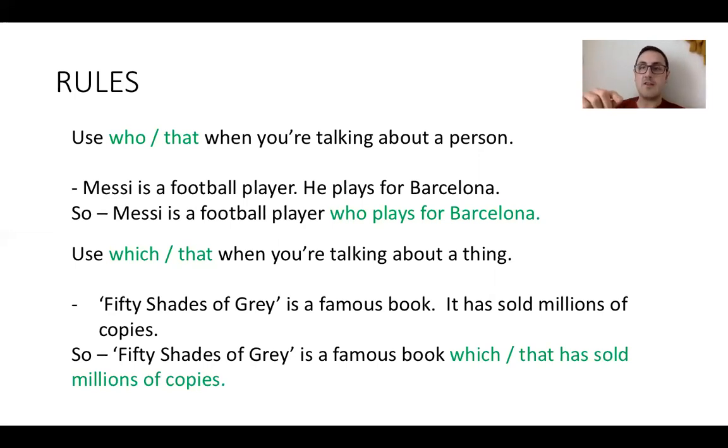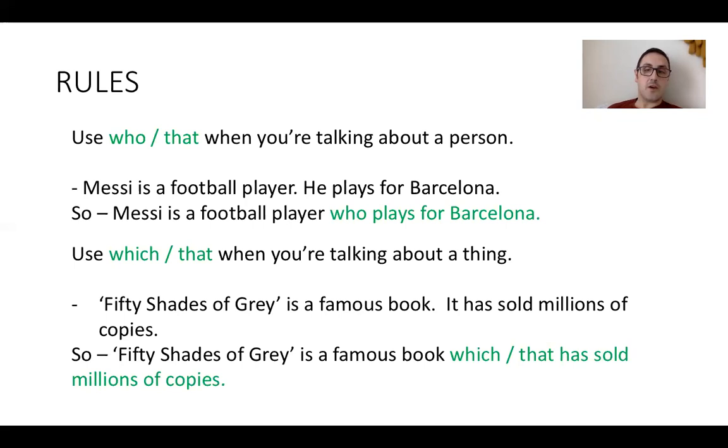You don't need the second sentence. The first works very well. Okay. You use which and that when you're talking about a thing. So you've got two options. Well, for a person, you can use who or that. So Messi's a football player who plays for Barcelona, or Messi's a player that plays for Barcelona.